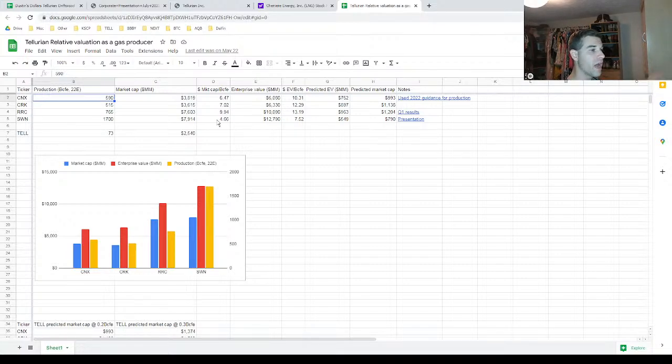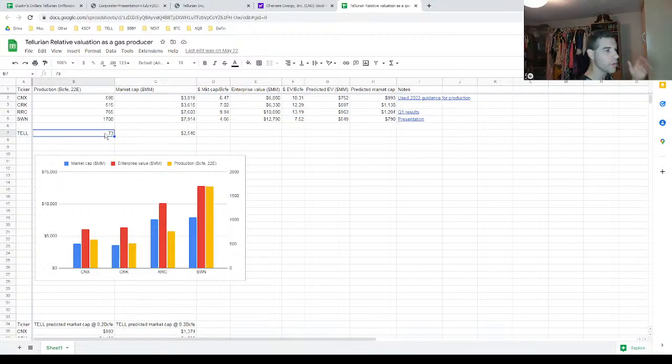I didn't go that route. All I did was look at their production capability, and then look at other companies' production capabilities and how the market is valuing them, enterprise value divided by production capacity, and then compare that against what Tellurian would be with their production capacity.